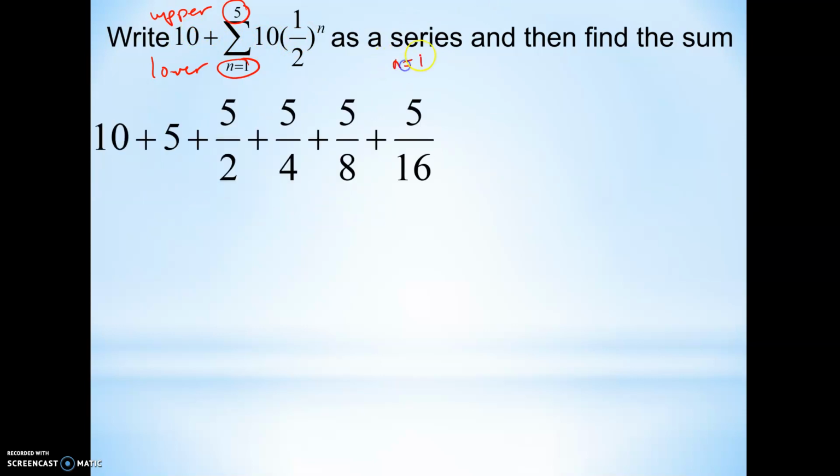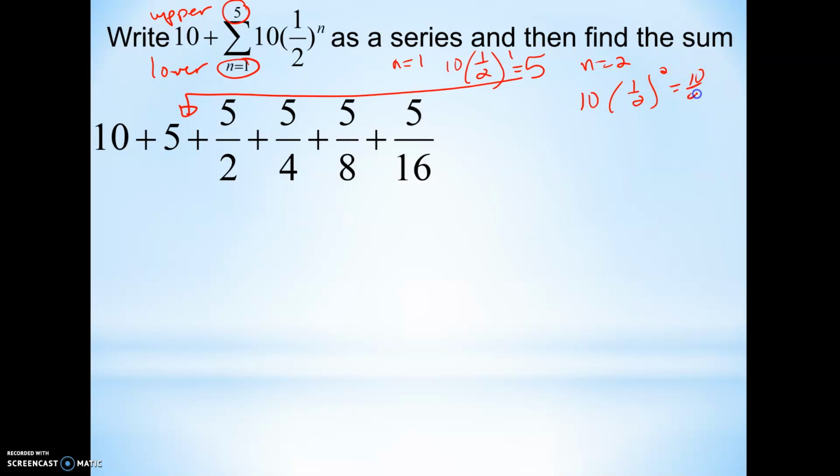If I had n is equal to 1, then it would be 10 times 1/2 to the 1, which is 5. And that's what I have here. Okay, and if n was 2, that would be 10 times 1/2 raised to the second. Well, that's just 10/4, which becomes 5/2, which is right here.